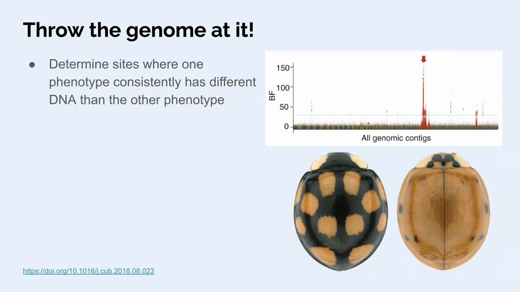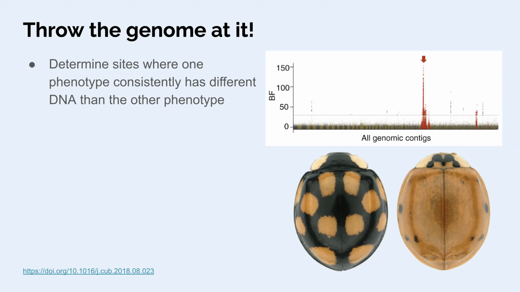So in this illustration here, this is what's called a linkage disequilibrium map. Don't worry about that term. But basically it's a statistical approach to take all the genomes for lots of different individuals and see, when there's a consistent difference in coloration, what parts of the genetics are consistently different, where the dark spotted one would have some set of genetic information that's most often found in dark spotted individuals, and the one without spots, there'd be some genetic information that's most often found in that group.